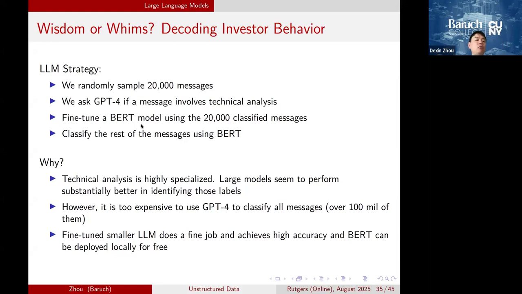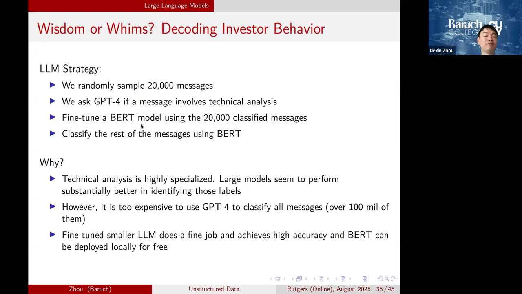So why do we do that? Because technical analysis is highly specialized, so we need a more powerful model to understand what is technical and what is fundamental analysis. That's why we need GPT-4, a very powerful model, for the first iteration of the classification. But again, we don't want to bankrupt our research account, so the next step, we use this output from GPT as a training sample to fine-tune a smaller BERT model purely focused on classification.